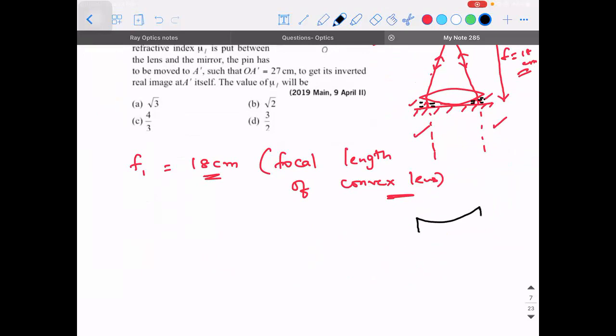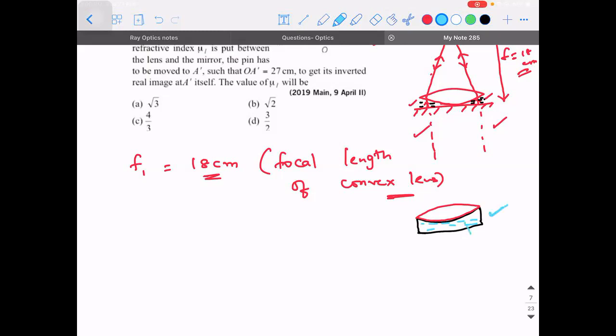The liquid is actually taking what shape? This is where the liquid is. So the liquid is in black color and the lens is in red color. It is taking the shape of a plano concave.